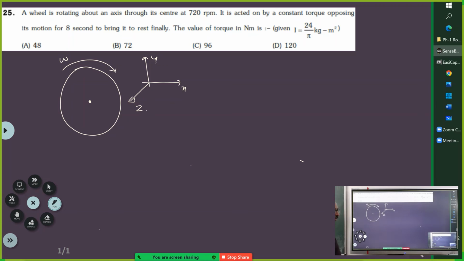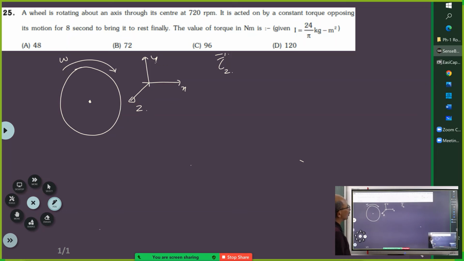So it has to be brought to rest. So you are going to apply a torque to bring it to rest. So where are you going to apply the torque? Okay, you can apply the torque here. Yes. At the center. So the torque you will apply along the z direction. Okay. Yes. That is one thing.